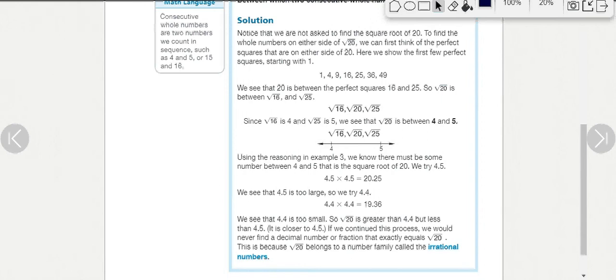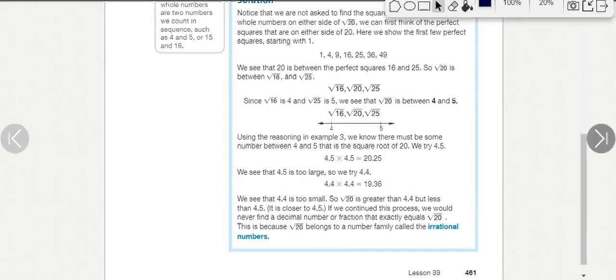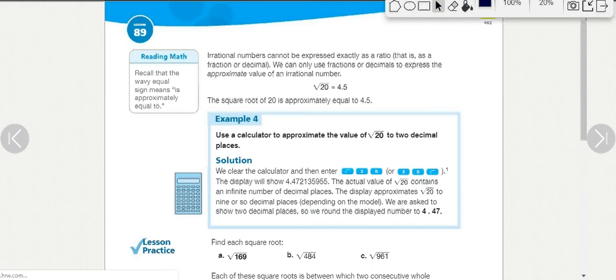You keep doing this to find maybe what fraction could equal exactly, but you're not going to get one perfect because the square root of 20 is what we call an irrational number, where there is no pattern to it. The decimal does not end for us, so you would never actually finish that one. Which isn't a great one to introduce this concept about.